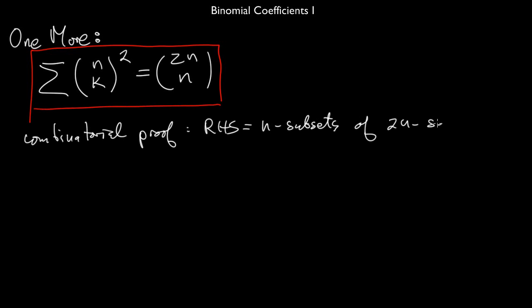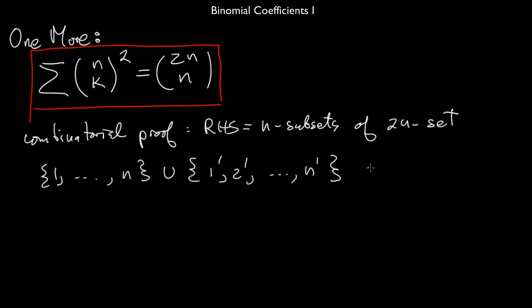So we want to see that the left-hand side counts the same thing. So let's write my 2n set as the set of numbers 1 through n, and then another n set, call it 1 prime through n prime. That's my 2n set, and I'm supposed to count all of the ways of getting a subset of this.